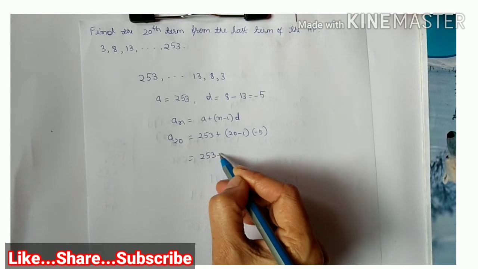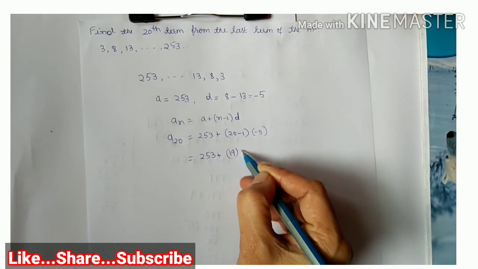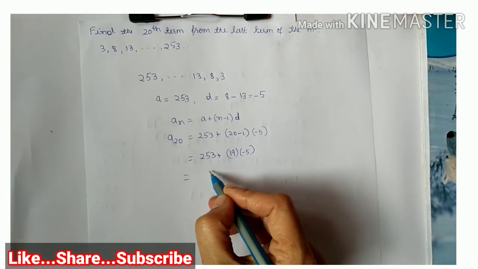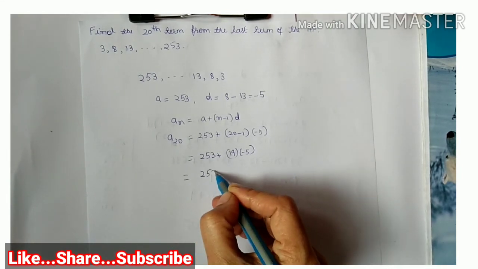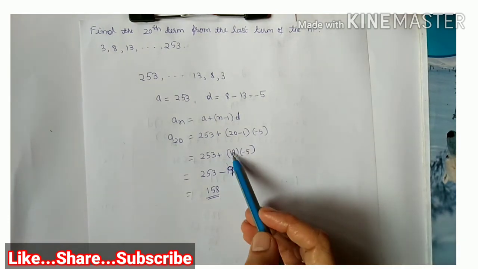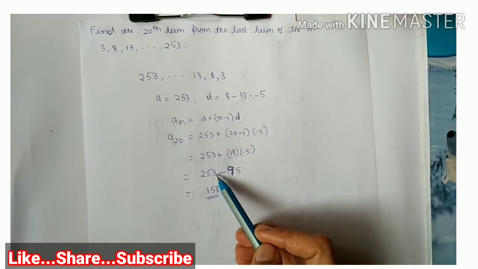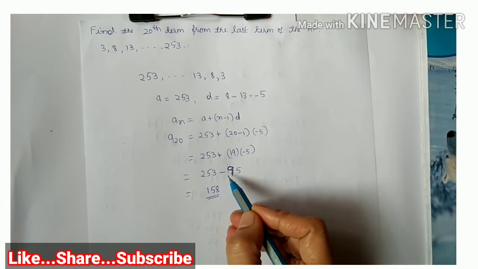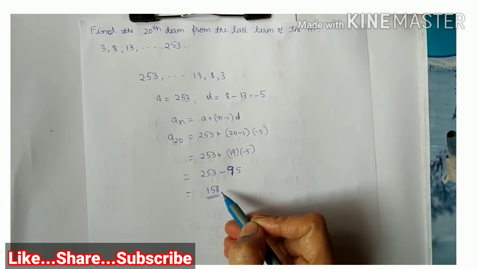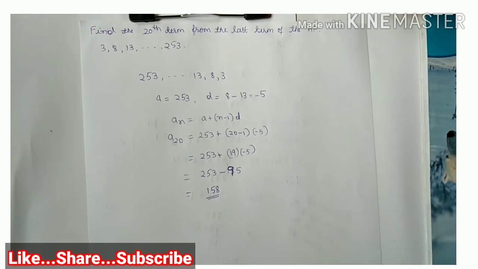That is 253 plus 19 into minus 5, 253 minus 95, since 19 fives are 95. 253 minus 95 is 158. Therefore the 20th term is 158.